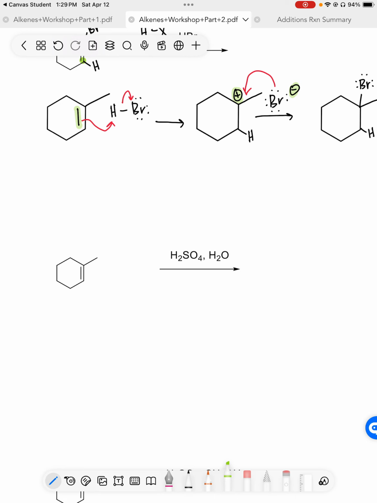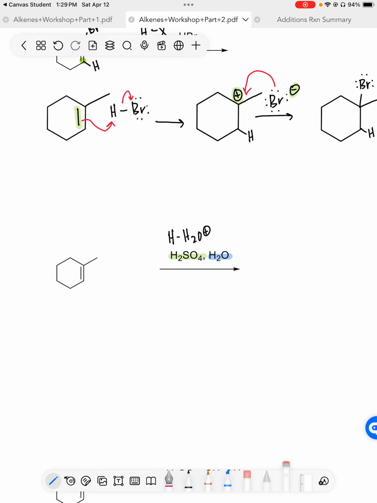So remember when you have H2SO4 and H2O, so both of these together, that you're going to treat H2SO4 as if it were H3O. And we draw it like that so that you can visually see that we're using the H3O as a proton donor.